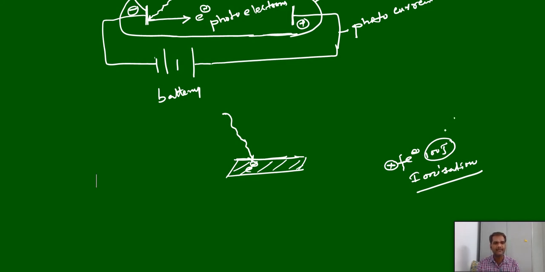So if you supply energy externally using the photon or incident radiation with 100 joules, then this photon can break this bond. Why? Because to break this bond we require 100 joules. So this is the minimum amount of energy required to break this bond, and this minimum amount of energy we call work function.